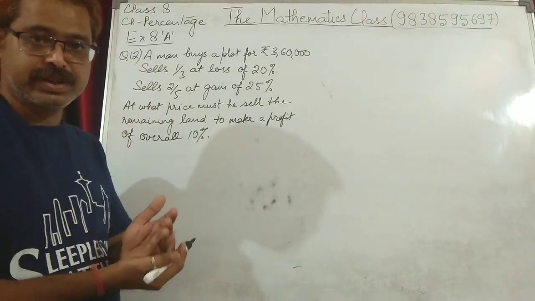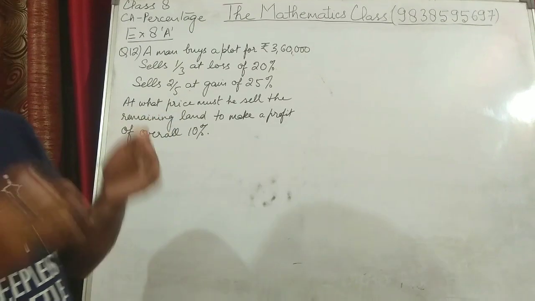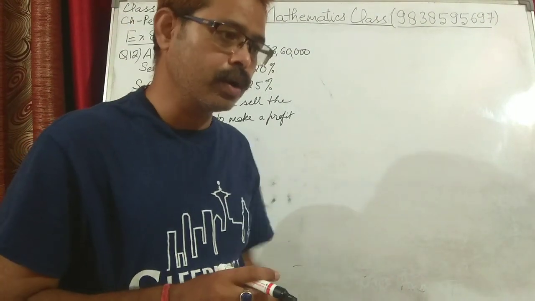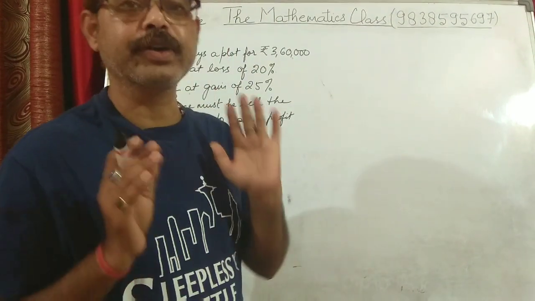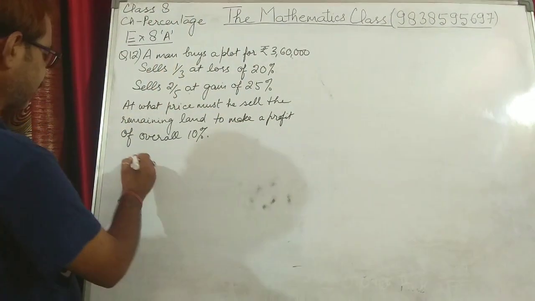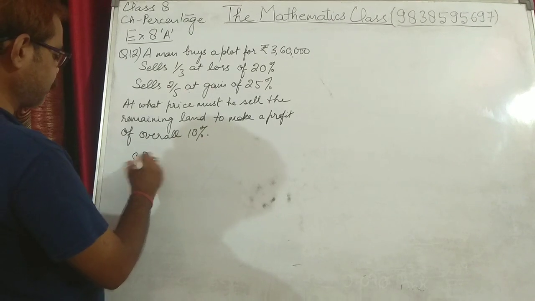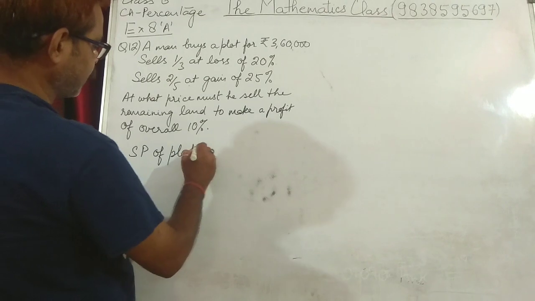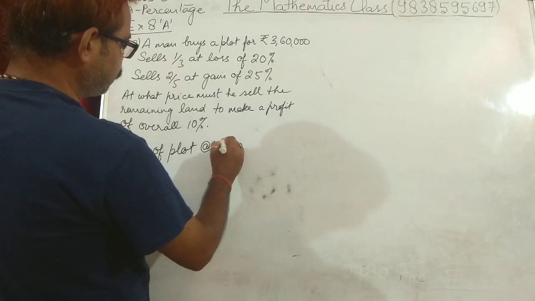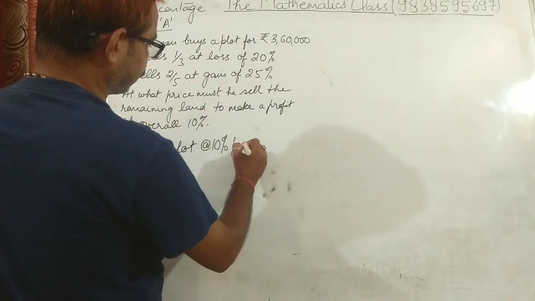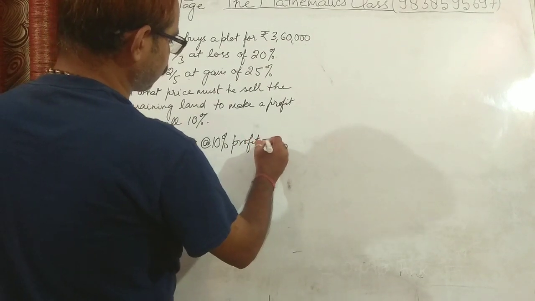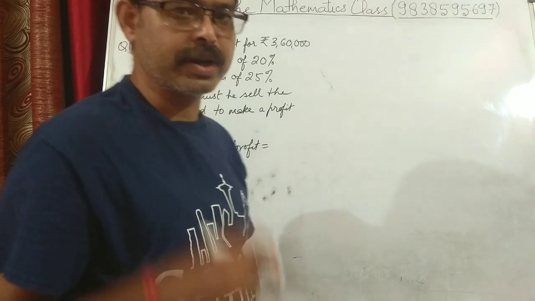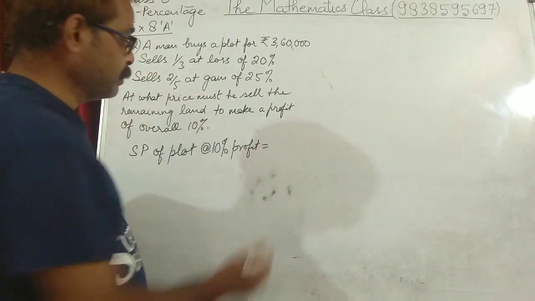So the first thing you can do is find the selling price of the whole plot with a profit of 10%. Let us say the selling price of the plot at 10% profit. We know the formula, selling price is equal to (100 plus profit percent) upon 100 into CP, that we did in the previous class.